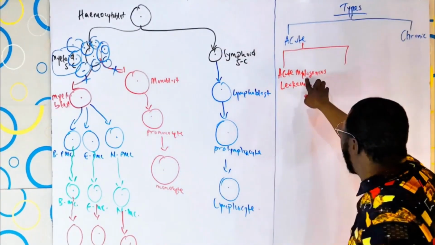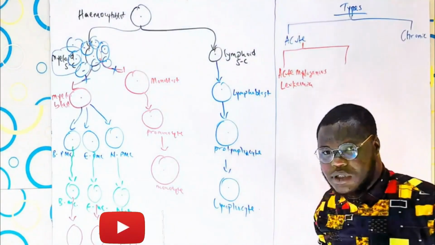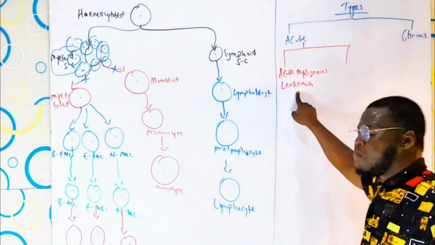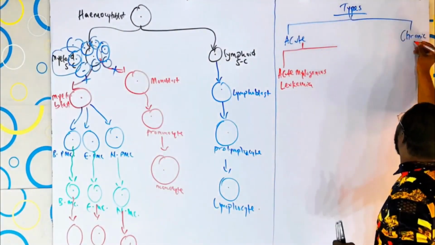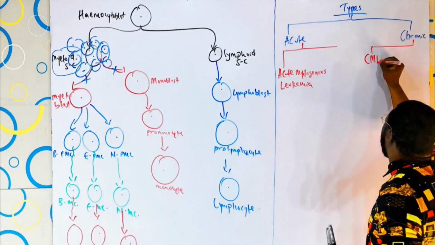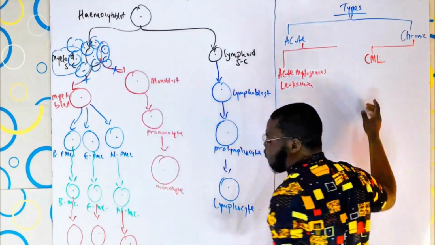Now, the word myelogenous is for the myeloid stem cell. So when myeloid stem cells are affected, they call it acute myelogenous leukemia. Apart from that, on the chronic side, we also have chronic myelogenous leukemia. So the M is also for myelogenous, for the myeloid stem cell rather.